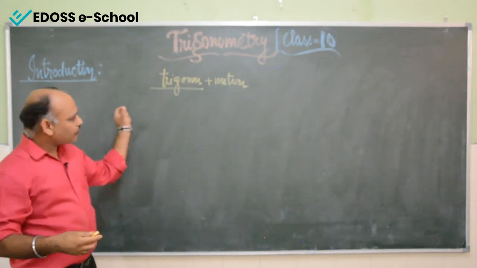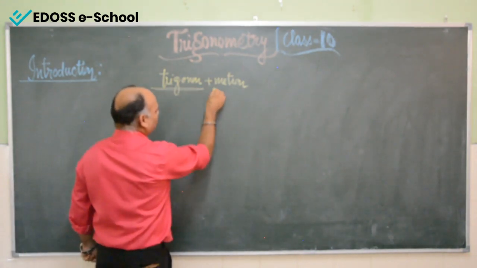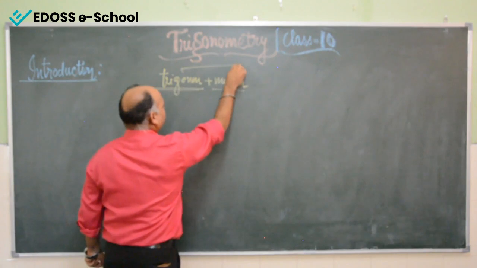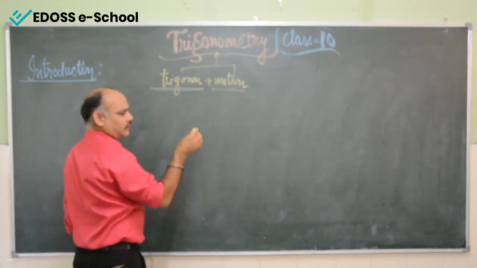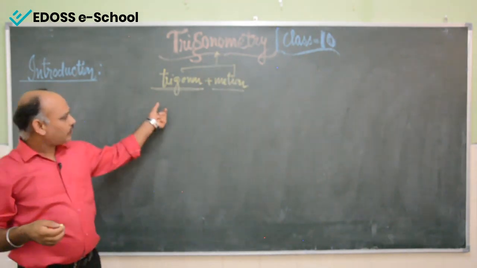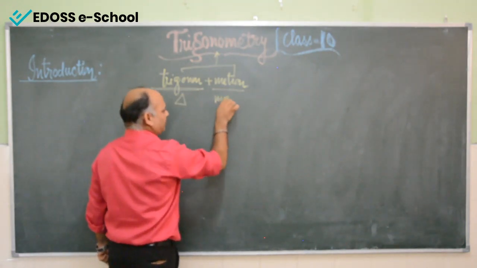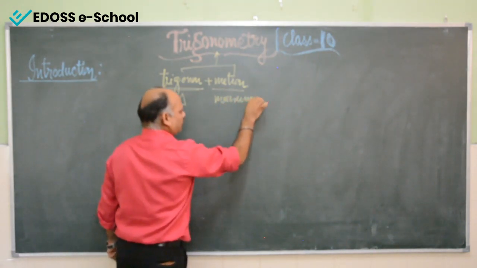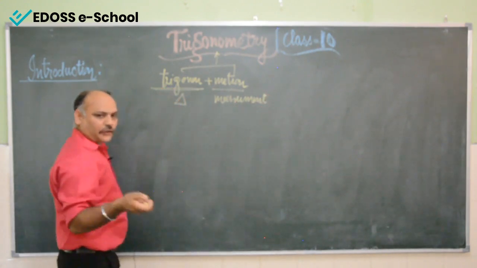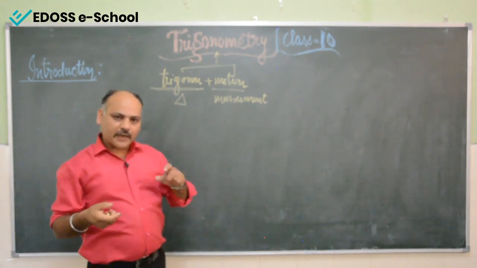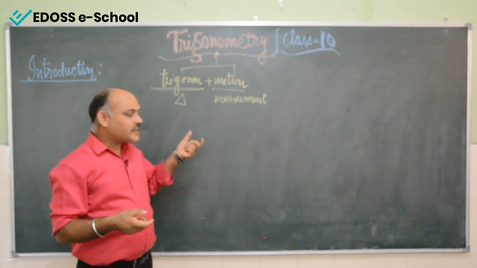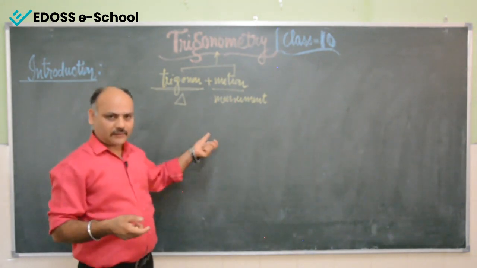The combination of these two, trigonon plus metron, is the study of trigonometry. Trigonon means triangle and metron means measurement. That means trigonometry is a branch of mathematics which deals with the triangle.